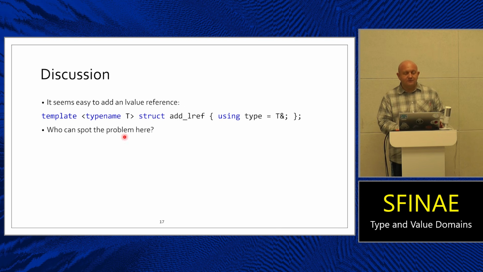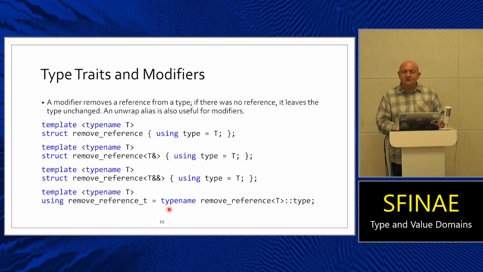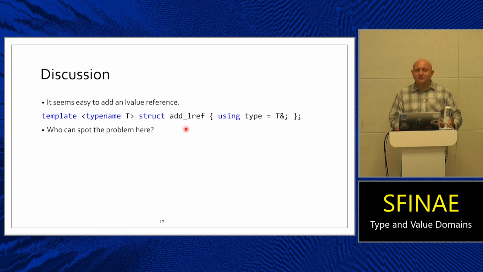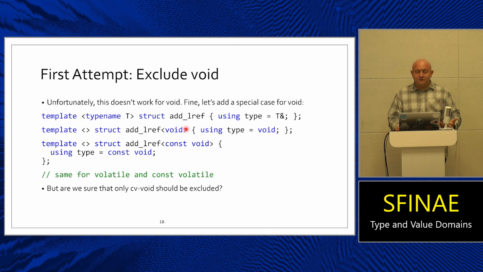We need, if adding a reference is impossible, like it is impossible to add a reference to void, to just do nothing, to be consistent with this logic. If remove_reference works this way, why should add_reference work another way? So how will we handle those special cases?